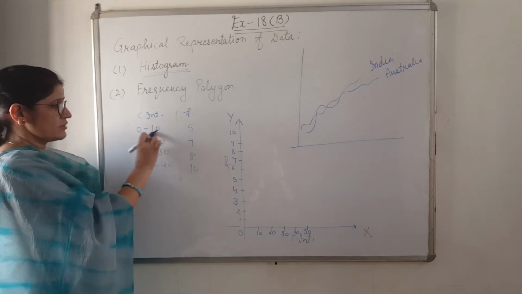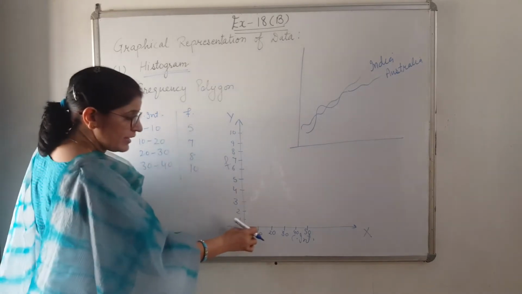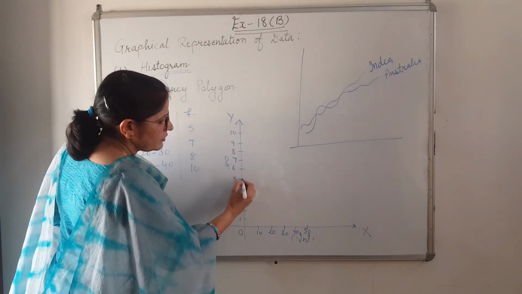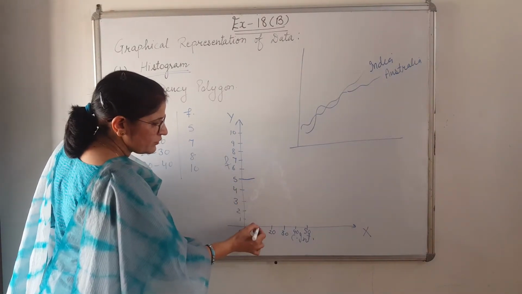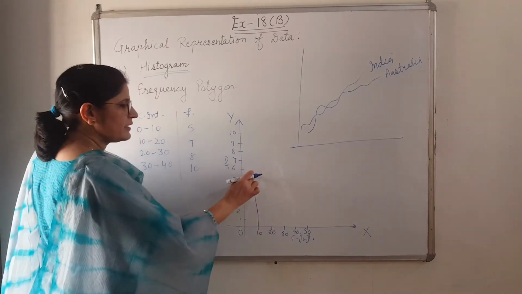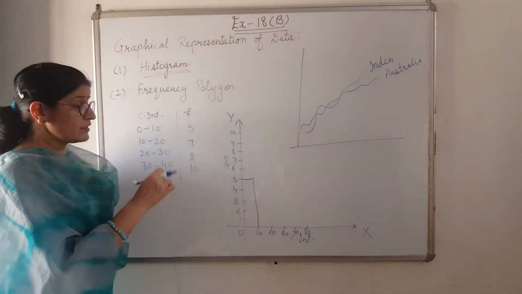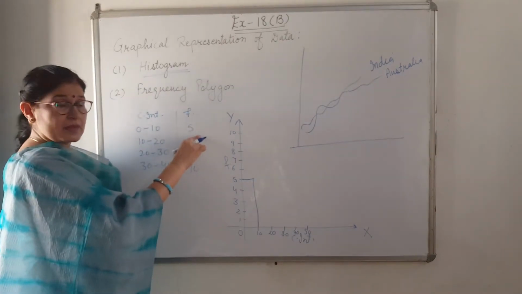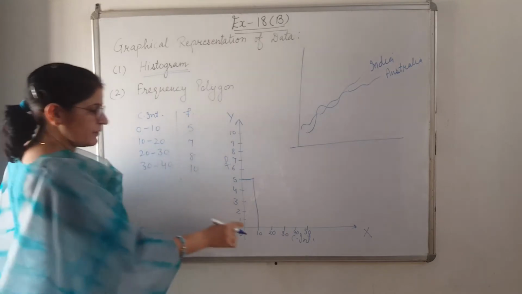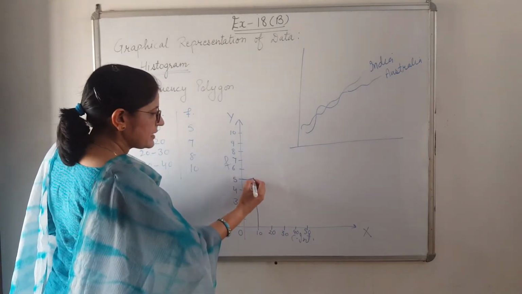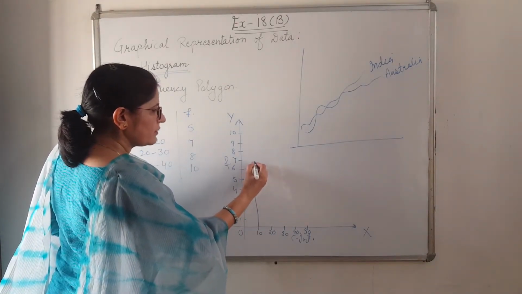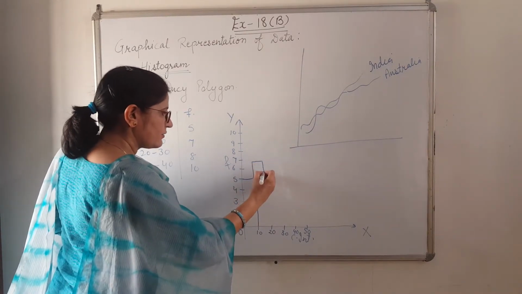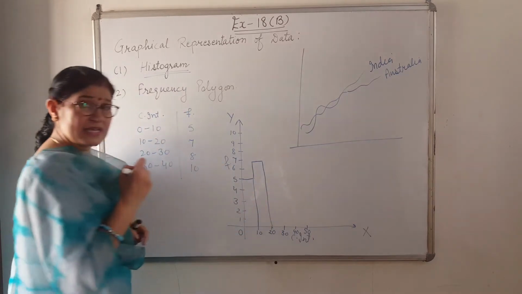Now we will take our first group, 0 to 10, and frequency is 5. So here we will draw a straight line, and from here also we draw a straight line, and we get a rectangular form. We get a rectangle using the first class interval and frequency. Similarly, the next one, 10 to 20. Frequency is 7. So this line we increase up to 7. Whatever distance we have here, the same we will take here, and then we join with the help of the scale.